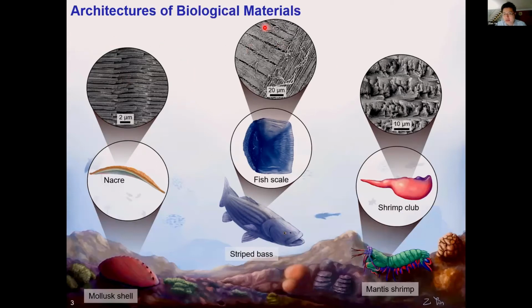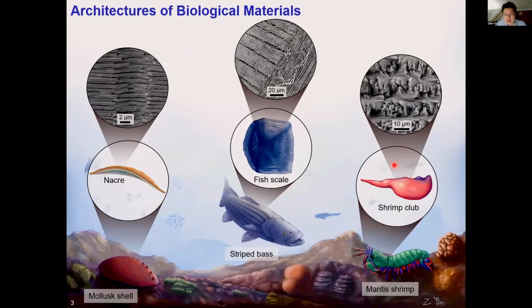And we have cross-ply structures in fish scales and in conch shells, which have crack bridging and crack deflection as toughening mechanisms. And we also have helical twisted structures, commonly found in, for example, mantis shrimp, which we call the Bouligand structure. This also triggers crack twisting and crack deflection as toughening mechanisms.